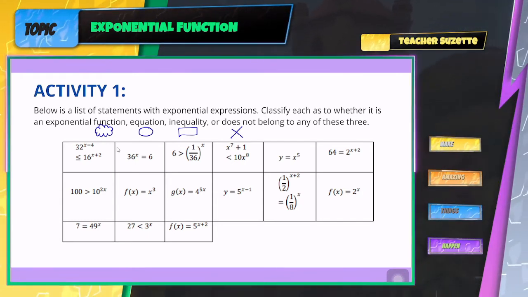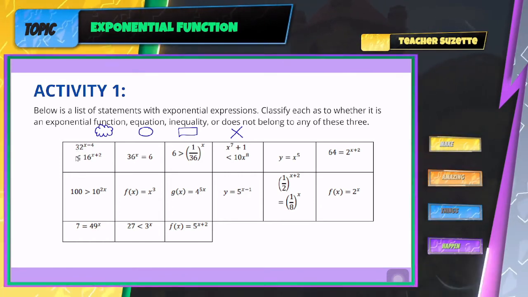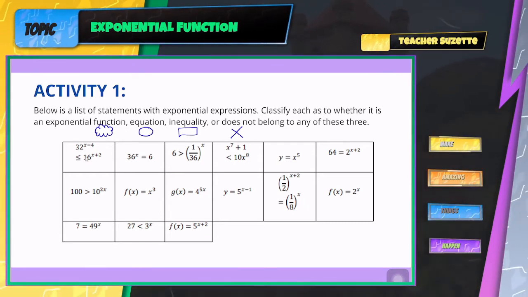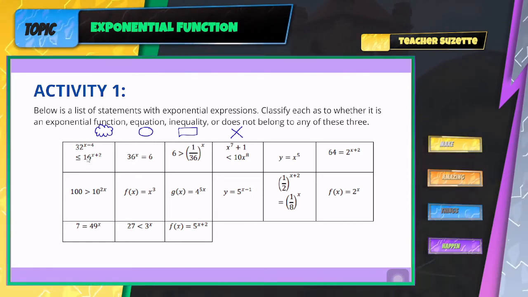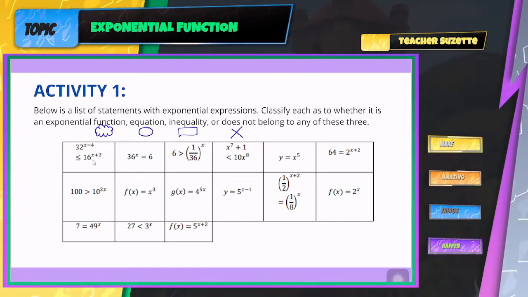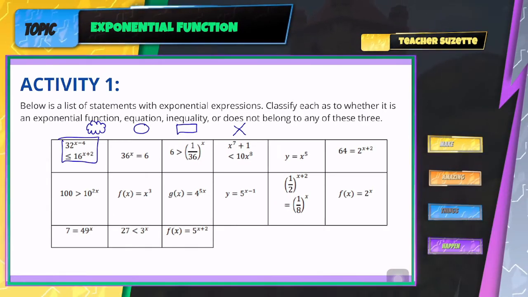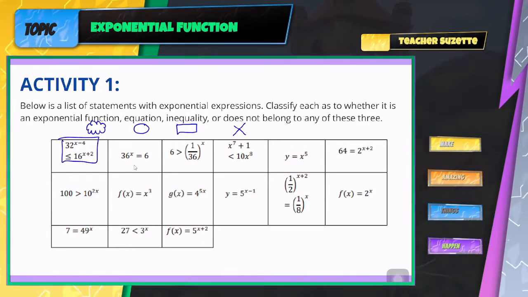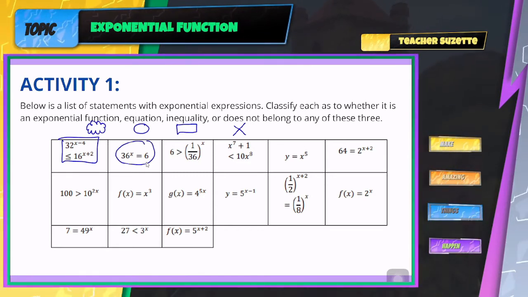So, isa-isahin po natin yung bawat sila. You have 32 raised to x minus 4 less than or equal to 16 raised to x plus 2. Obviously, meron kang inequality sign and both your bases are greater than 0 but not equal to 1. So, therefore, this is an example of inequality. Next, let's have 36 raised to x equal to 6. Obviously, this is an example of an equation.